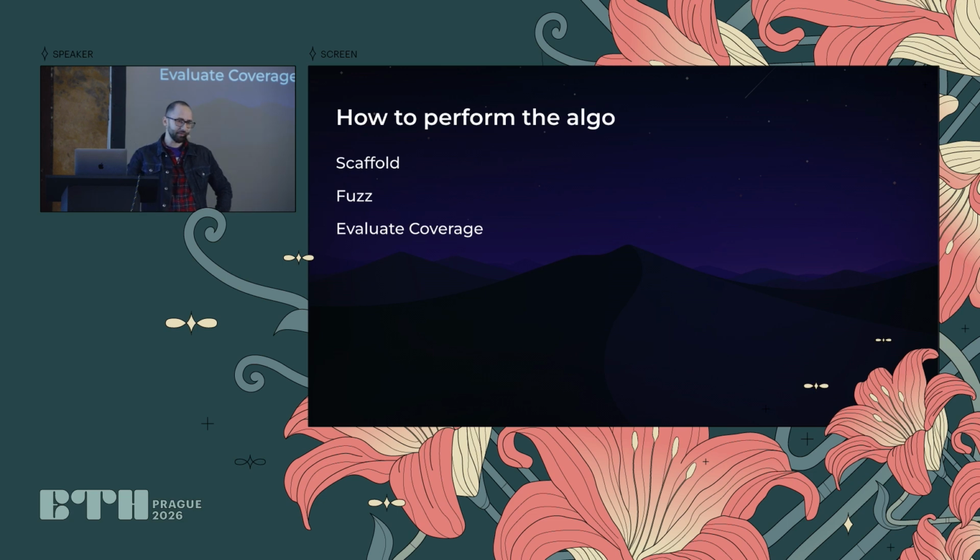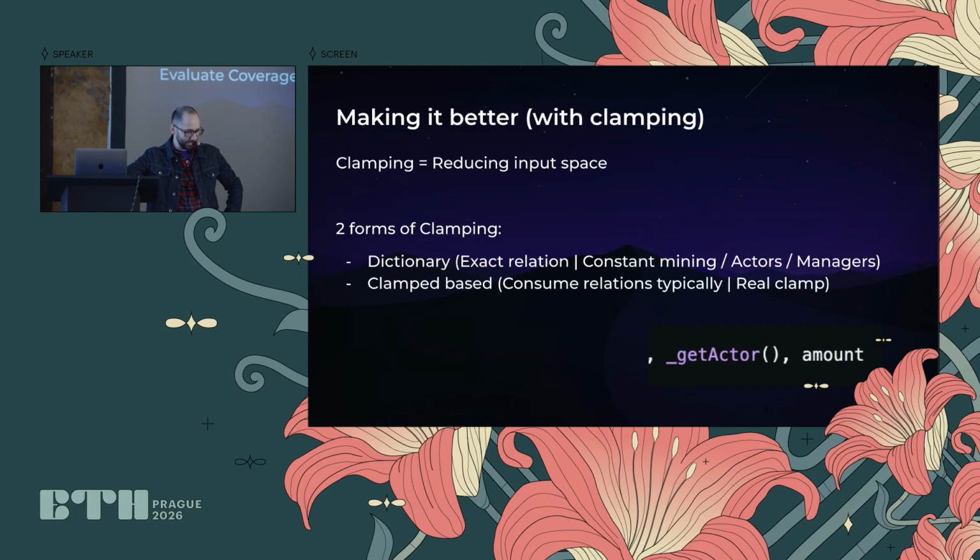So how do we perform this testing algorithm? We fundamentally scaffold, which is the act of doing the deployment and setting up all the tests. Then we run the fuzzer, meaning we run the tool that gives us some sort of feedback. And then we evaluate coverage, meaning we evaluate how many combinations, how deep did the fuzzer go in terms of testing. The fundamental issue with this is that the fuzzer is unable to explore all combinations.